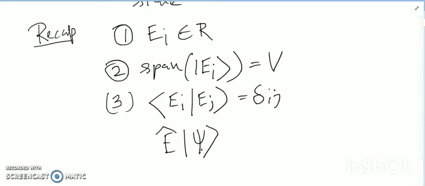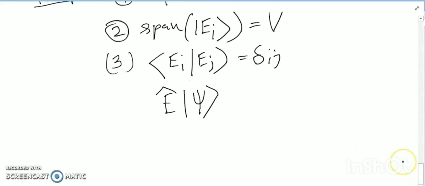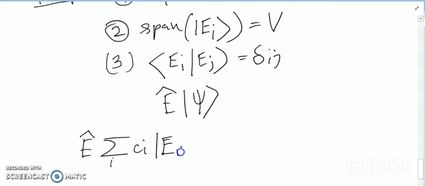Since this operator has an orthonormal eigenbasis, we can expand our quantum state in this eigenbasis and move the operator into the sum.